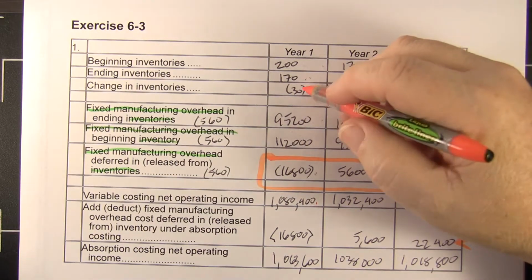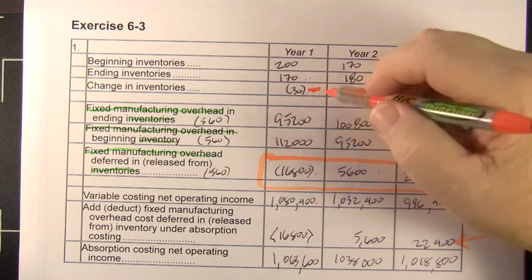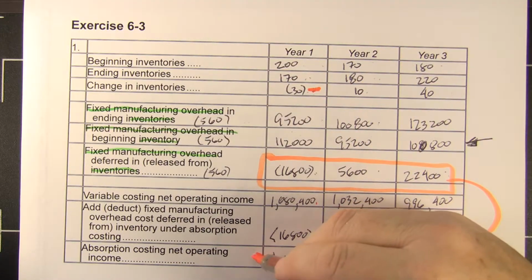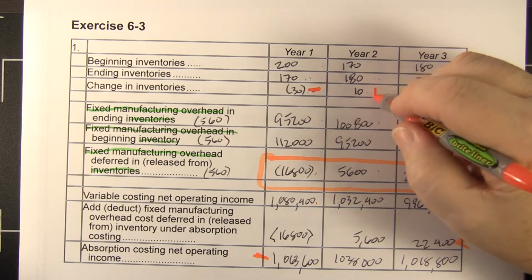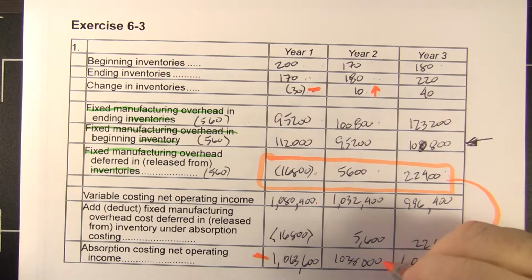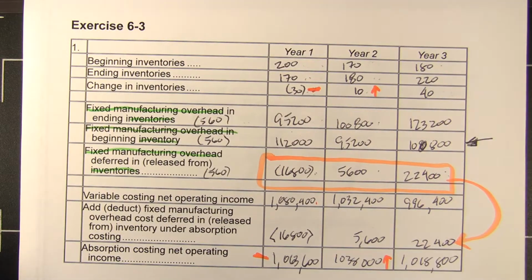Notice that here, inventory went down, operating income went down under absorption costing. Here, inventory went up, operating income under absorption costing went up.